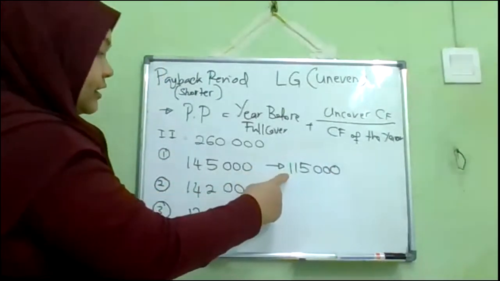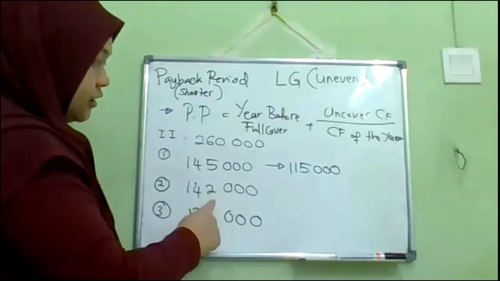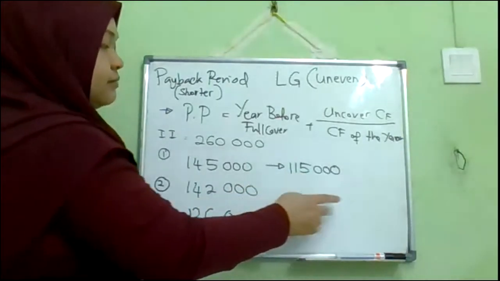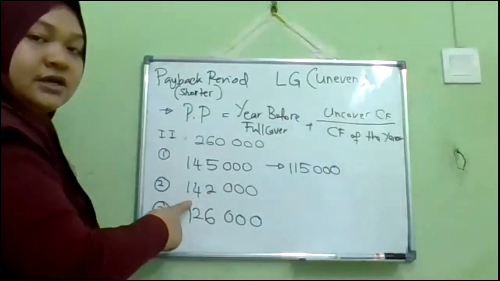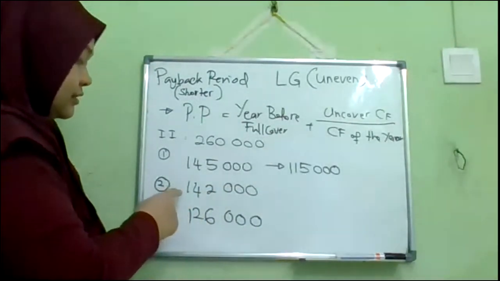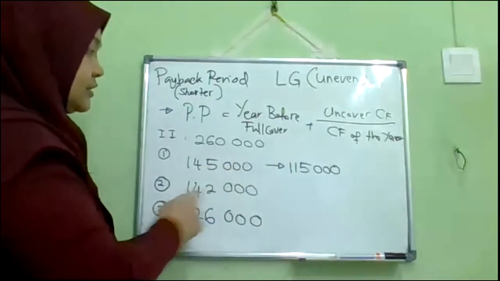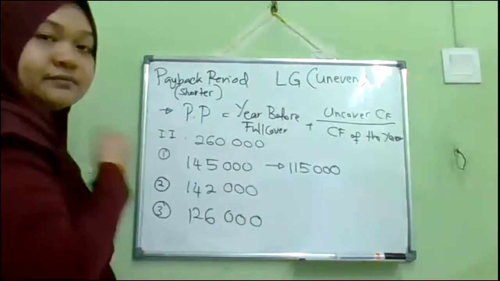So 115 minus 142. If 115 minus 142, there will be negative amount. So no need for you to minus because this amount is higher than this amount. When this amount is higher than this amount, just stop here.